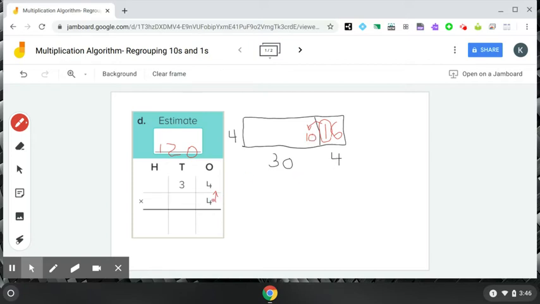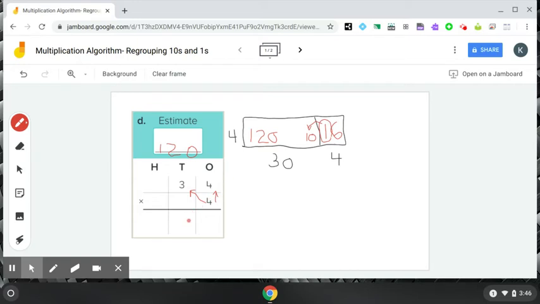Okay. Now our next step is to go from the ones place over to the tens place in our multiplication. And this time we're doing 4 times 3, but remember it's really 4 times 30. We can think of our basic fact of 4 times 3, which we know is 12. But then if we're going 4 times 30, just like we did in our estimate, we know that equals 120. 120 is made up of 12 tens.